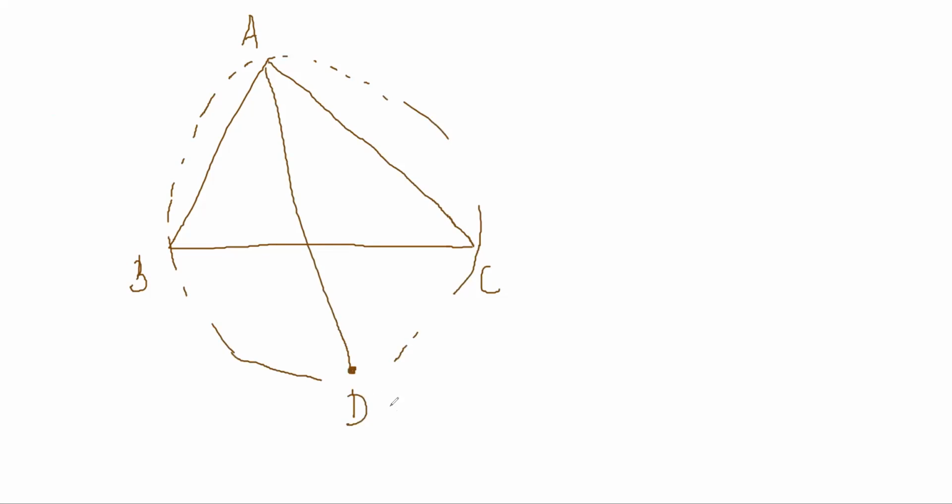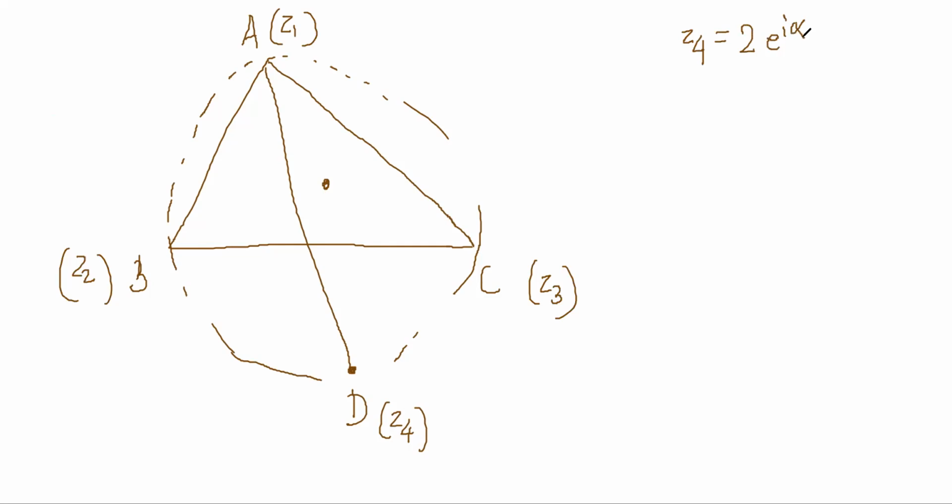D, Z4, Z1, Z3. By the way, Z4 is also equal to 2e^(i alpha). Z3, Z2, Z1 are all 2e^(i something), right?